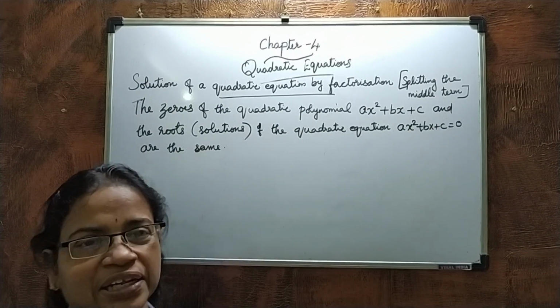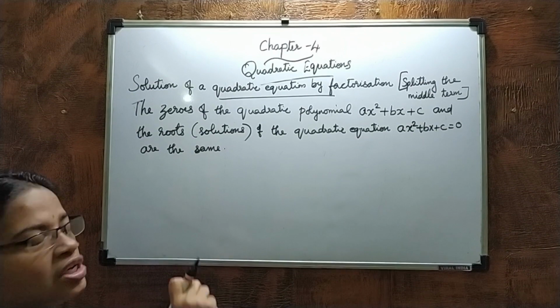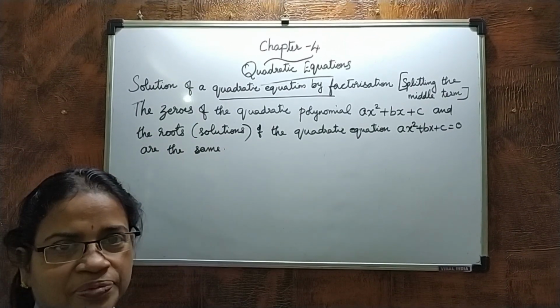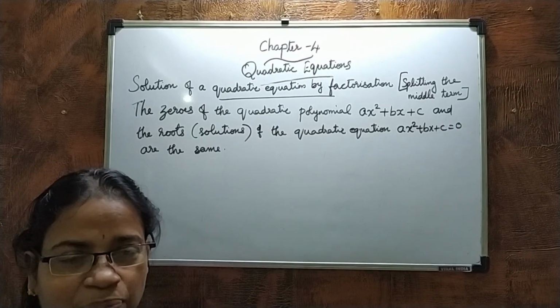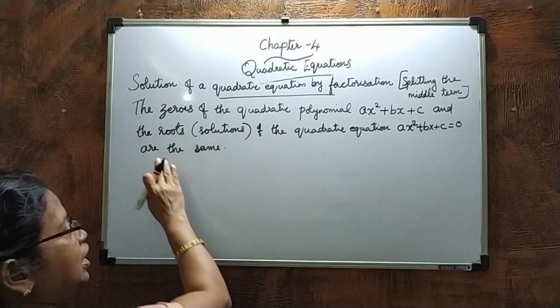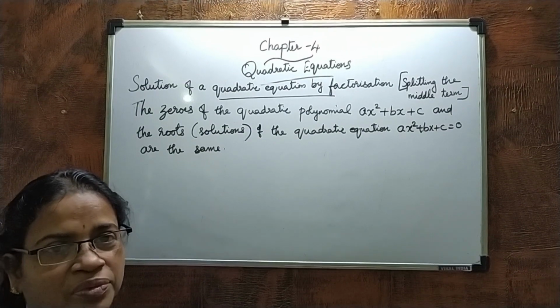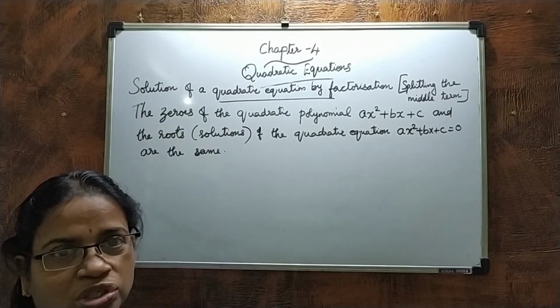But here, instead of zeros, we say roots or solutions. Zeros is only for a quadratic polynomial, and for the quadratic equation we say roots or solutions. Here these are both the same as the zeros.